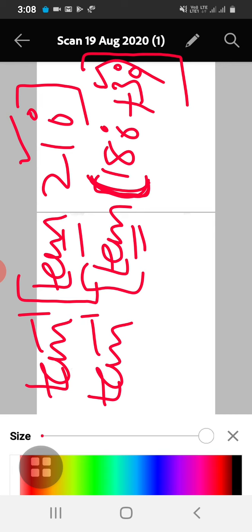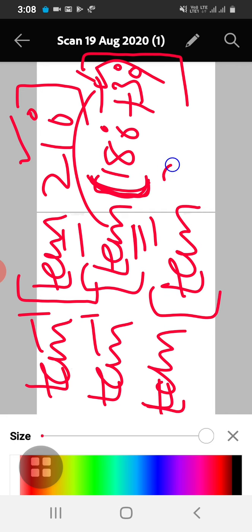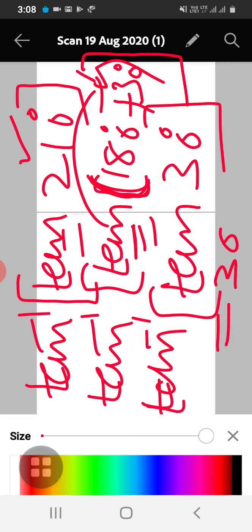In the third quadrant, tan is positive and the ratio does not change. So what can I write in the next step? Tan remains tan only. I will get the angle tan 30. See here, tan inverse of tan 30, so that will be 30 degree.